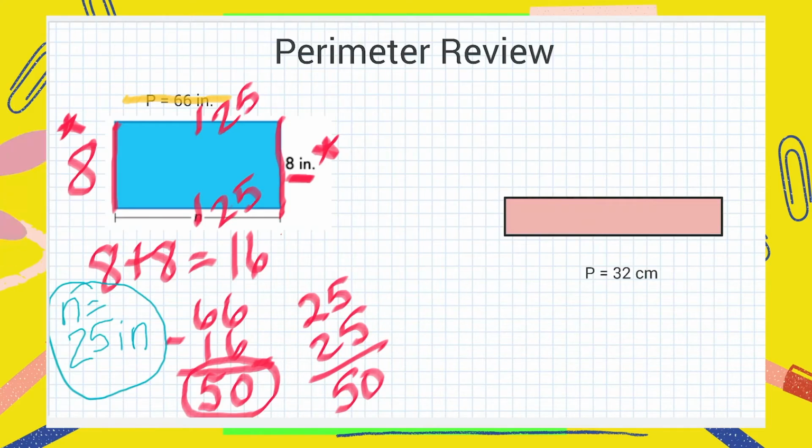That was really good. All right, now let's take a look at the second rectangle. This rectangle has a slightly different shape. It gives us a perimeter of 32 centimeters. So that means that the total distance around this rectangle is 32 centimeters.